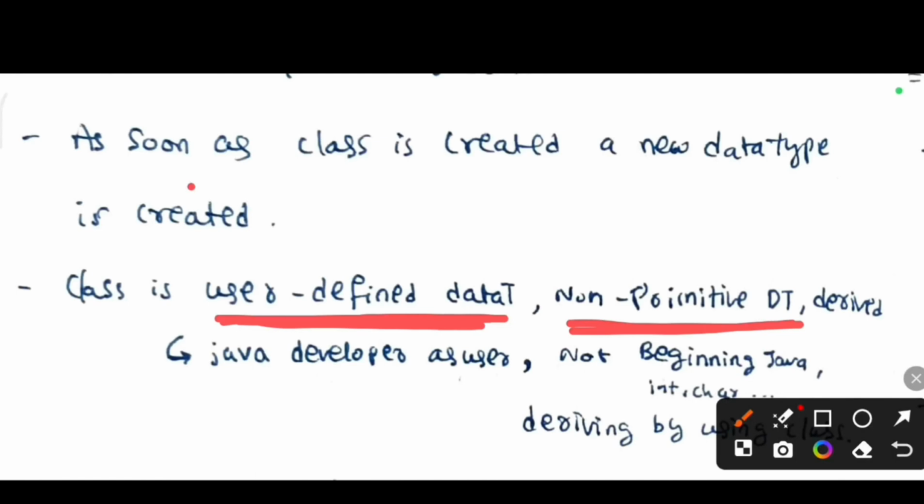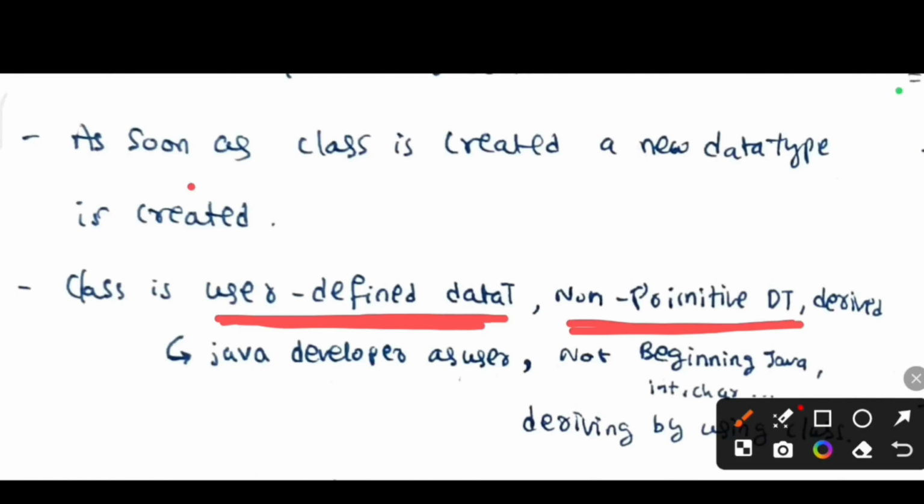Primitive data types are the ones introduced when Java was created, like short, int, long, float, double, char, boolean, and byte. These are all primitive data types because they were introduced at the time of creating Java.